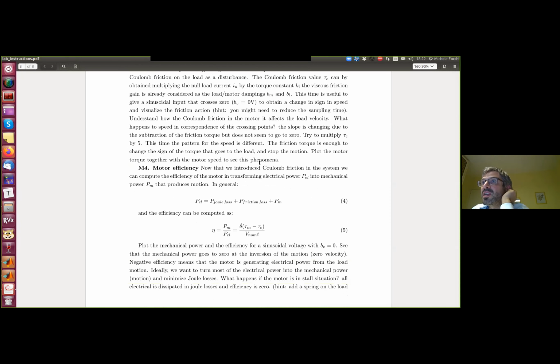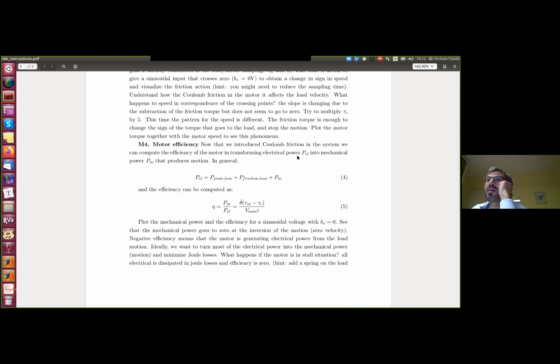You want to see how it affects the load velocity, what happens in correspondence of the crossing points, and try to increase the Coulomb friction 5 times and see how the speed plot is changing.